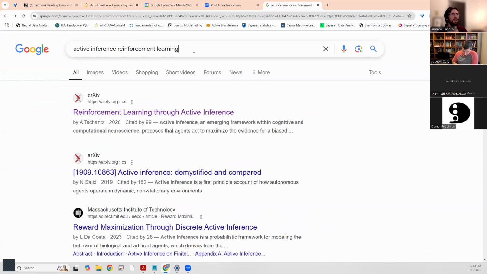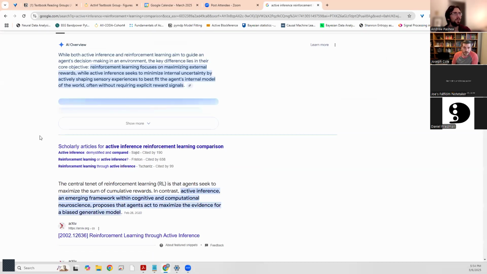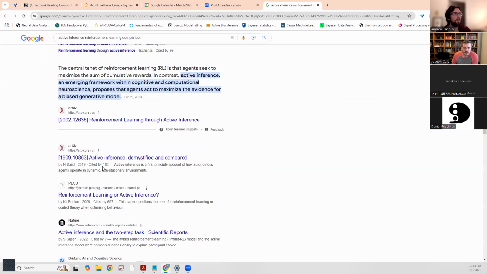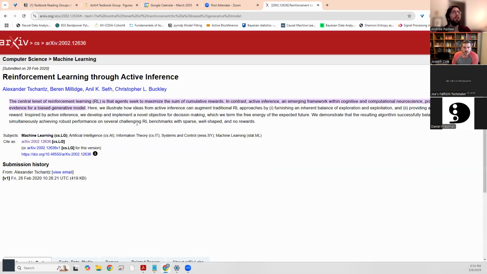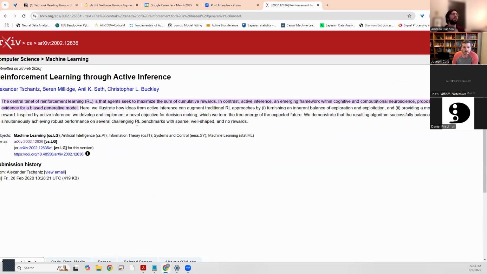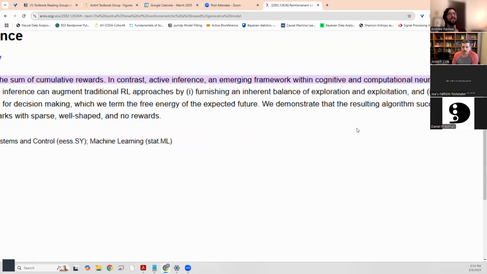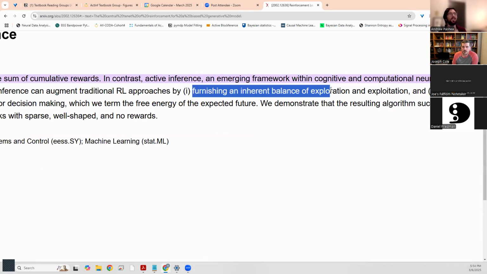Anytime I look at model comparisons, people very regularly benchmark these models against reinforcement learning models, usually, again and again, furnishing an inherent balance of exploration and exploitation.